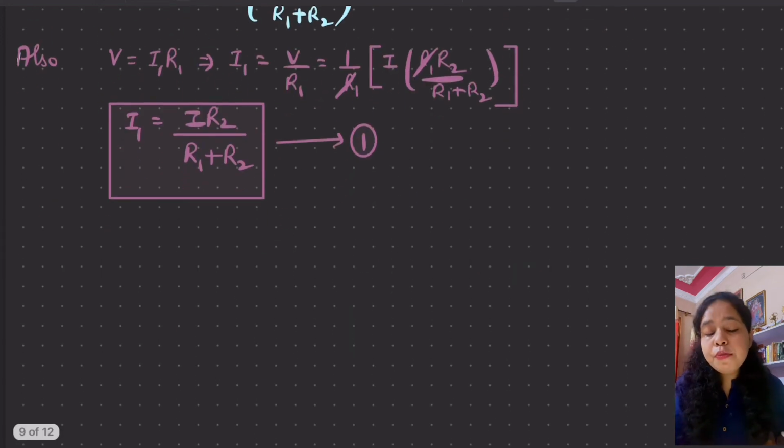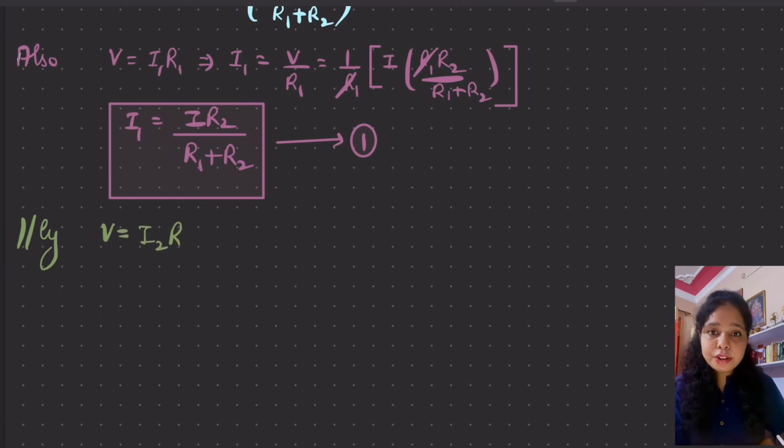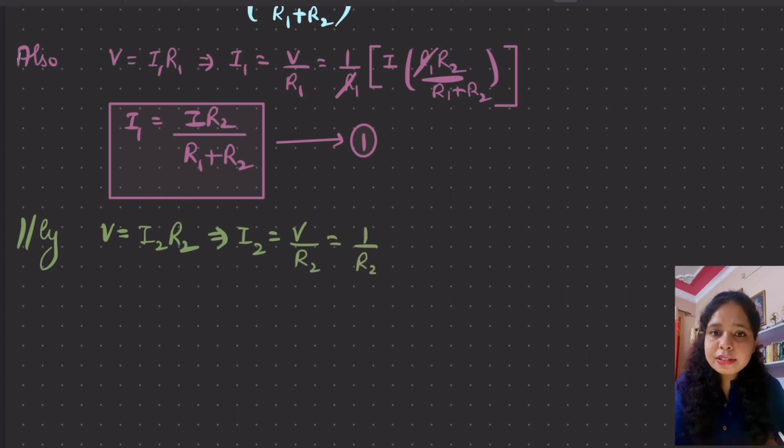Now similarly, we can calculate the branch current I2 which is flowing through the resistor of resistance R2. In this case, we are having V is equal to I2 R2, and we are interested in calculating the value of I2. So therefore, I have I2 is equal to V upon R2. Once again, I will substitute the value of V in this equation.